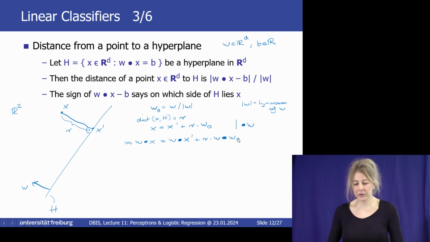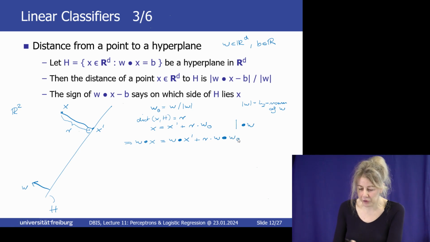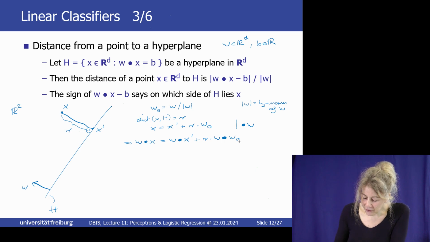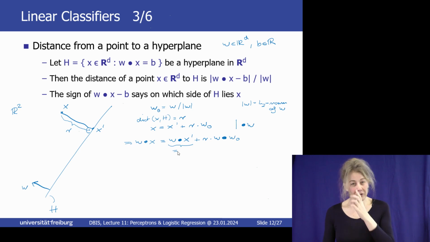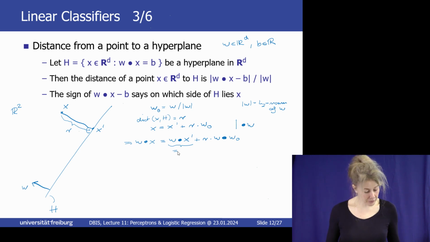The nice thing about linear algebra is you can just do stuff and then magical things happen. So what's this? Do you have an idea what this is? From what is on the slide, you can say what this is. What do we know about x prime?